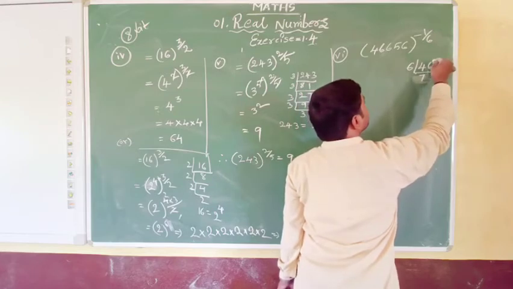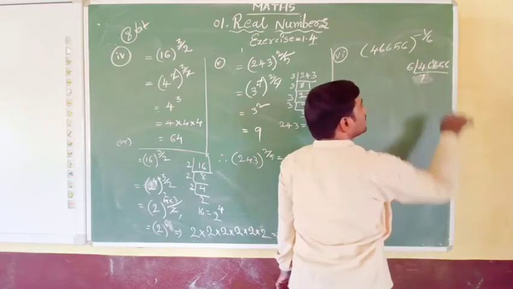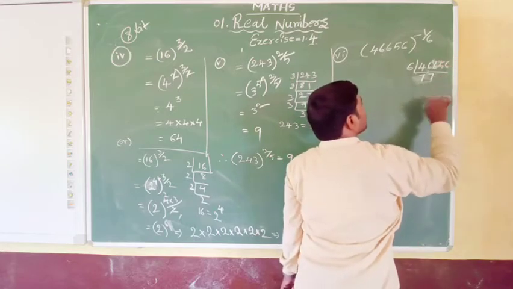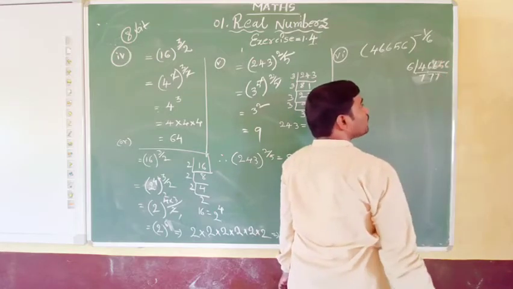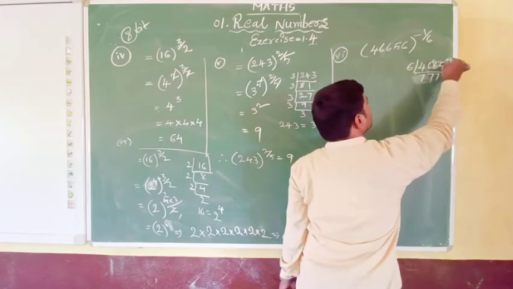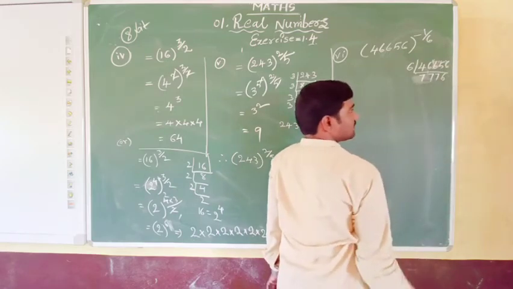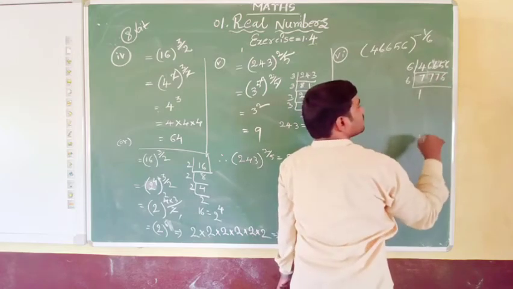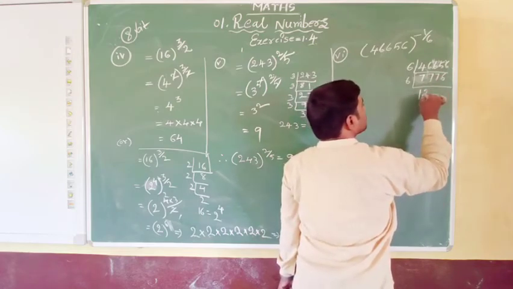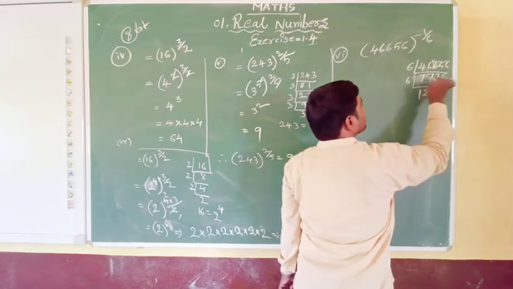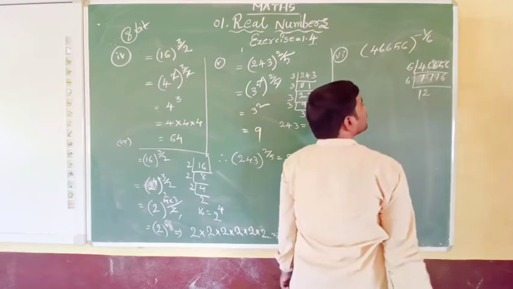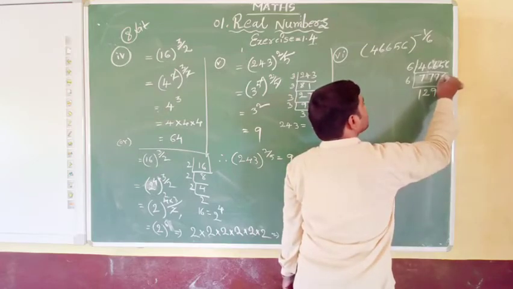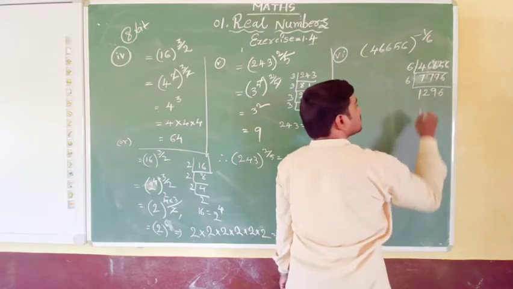Then 4 left, that is 46 again. 6 7s are 42 is possible. Again 4 left, that is 45. 6 7s are 42, again there is a 3 left there. 6 6s are 36. Now we go again, 6 1s are 6. 6 2s are 12. Here 5 left, 50. 6 9s are 54. 3 left now, that is 36. So 6 6s are 36.